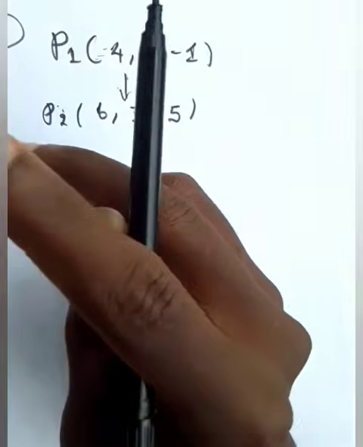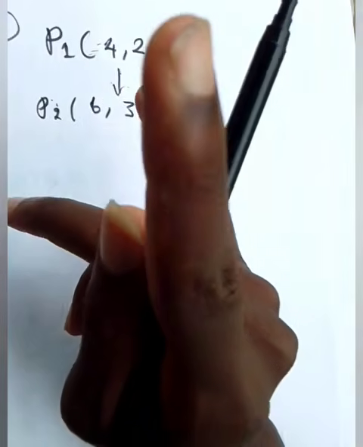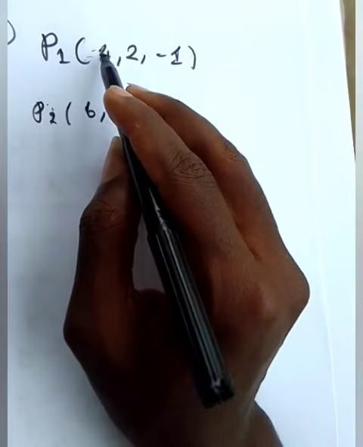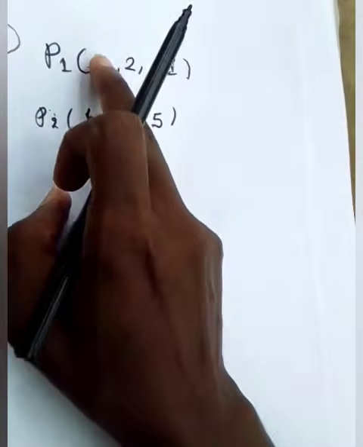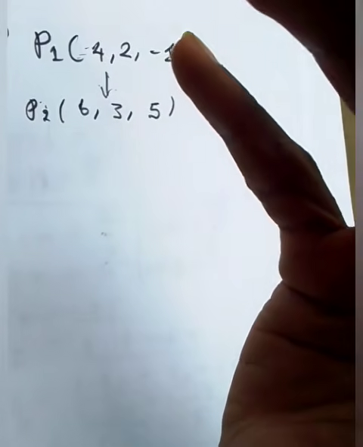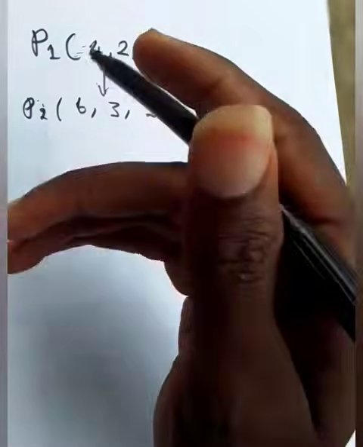Now listen, for us to find the direction cosine for the line that they want, we won't be required to use two separate values. We need to end up with the final vector representation.